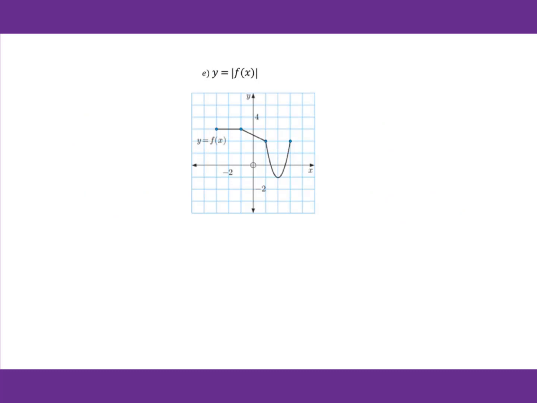Now let's go to E. We want to sketch the graph y equals absolute value of f of x. We know f of x means y. Therefore, everything above the x-axis will stay the same. For the part of the graph below the x-axis, they will turn into positive.